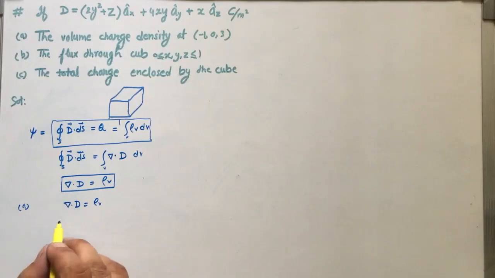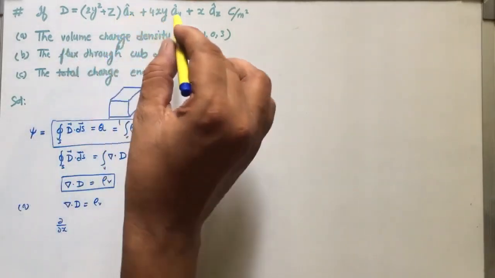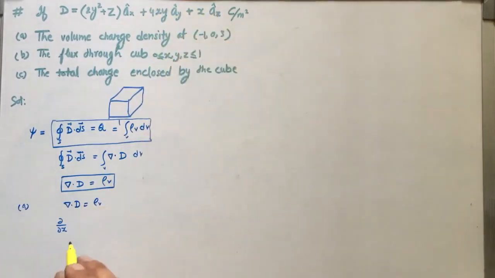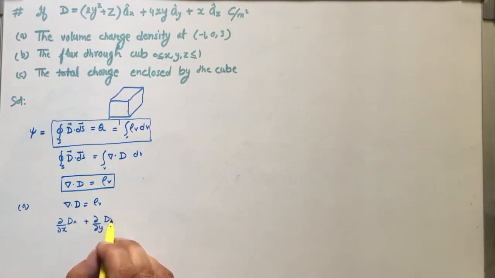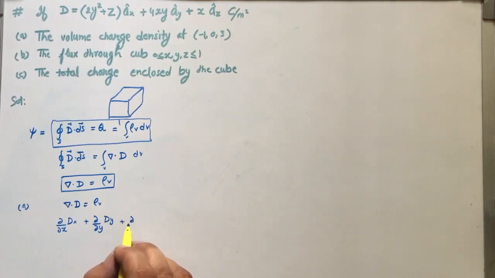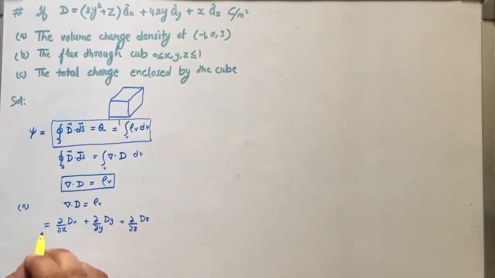So del over del x ax, ay, az in the Cartesian coordinate system, dx plus del over del y dy plus del over del z dz. It will give us rho v.